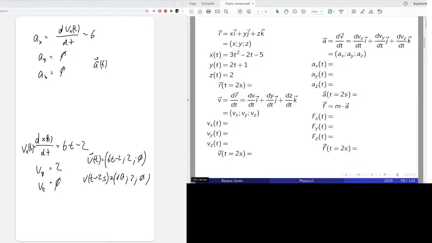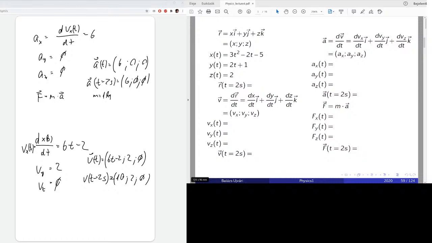So if I ask what is the acceleration at t equal any time, let's say t equal 2 seconds, it is just the same, since this is a constant. We know the Newtonian law F equals m times a, so we can ask what is the force acting on this body if the mass is 1 kilogram.